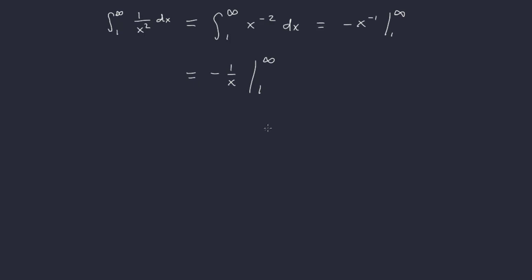Now, here's where a lot of mathematicians are going to get mad at me. I'm just going to plug this in. Usually what you would do is you introduce a limit, but I'm just going to say, okay, this is negative 1 over infinity minus a negative 1, so plus, oh, no, not a negative 1, minus a 1.